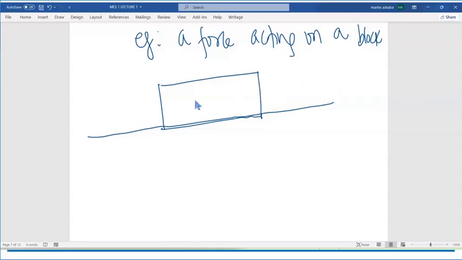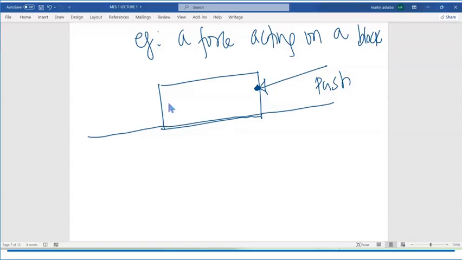So if a force is like this, then this is going to be a push because the direction of the arrowhead is pointing towards the body. And we can see that it is moving from east to west. That is the direction of the force. And at this point, that is the point of application of that force.